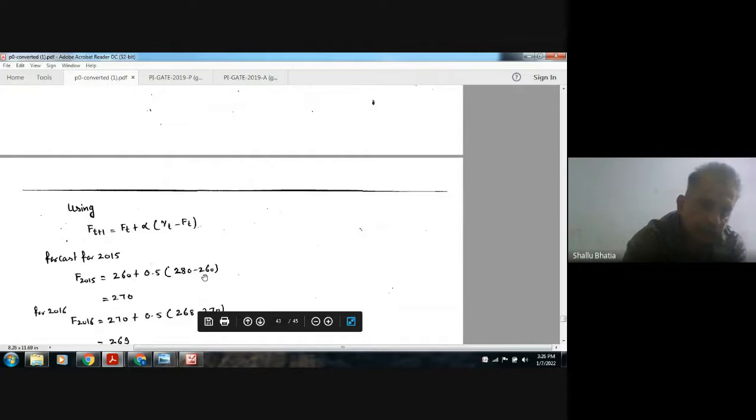From this we can get the forecast by putting Yt equal to 280 and Ft equal to 260. We get the forecast for next year.